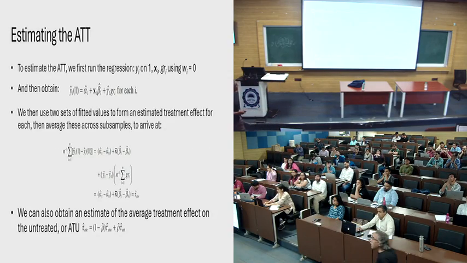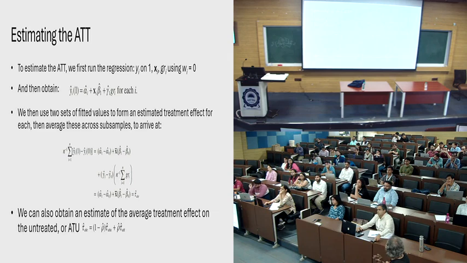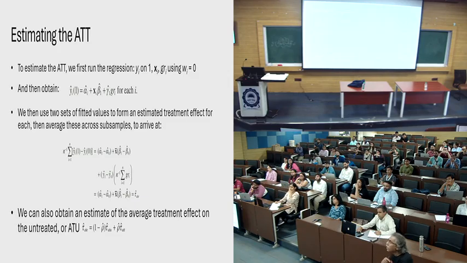To estimate the ATT, first we make a regression of yi on 1, xi and gri using wi equal to 0, no program. Then I obtain y1 hat for each i. We then get two different sets of fitted values to form the treatment effect for each, and then I take the average across the subsamples.